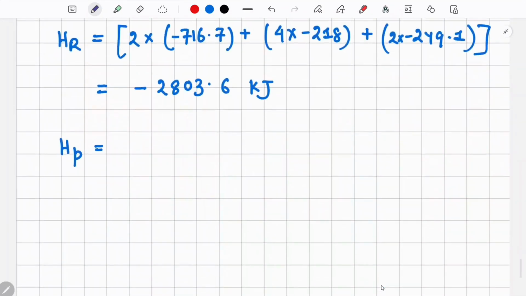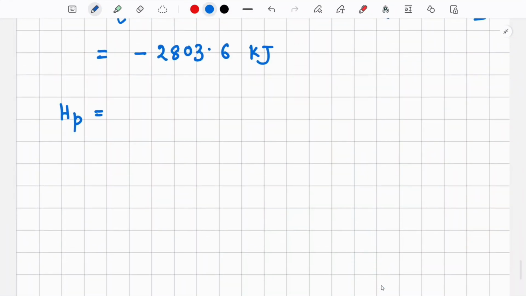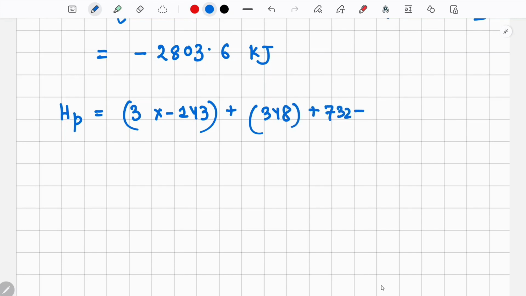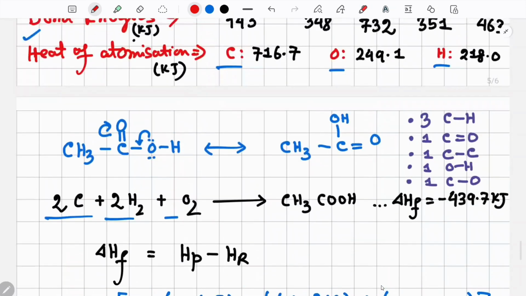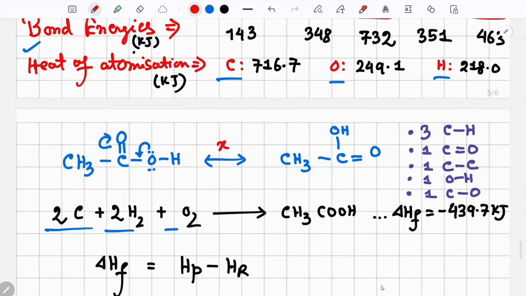So you can write it: 3 into 3, 348, 732, 463, 351 plus X. What is X? X is the resonance energy, because that is not provided to you. That energy is there due to this resonance.